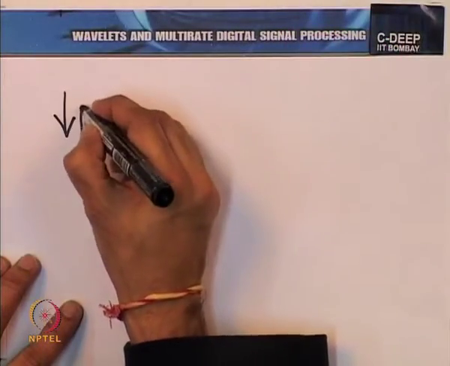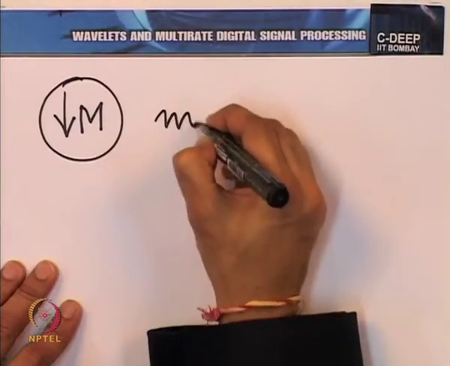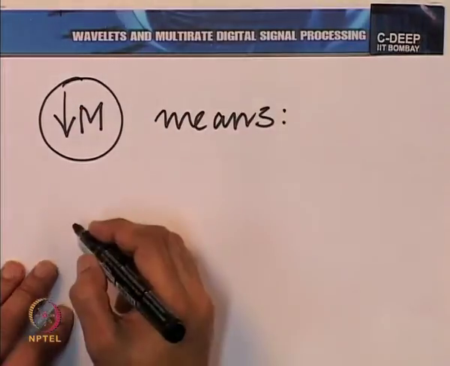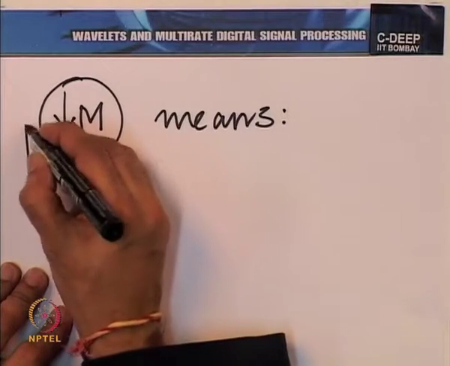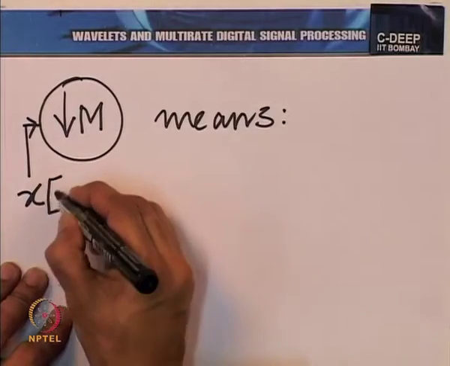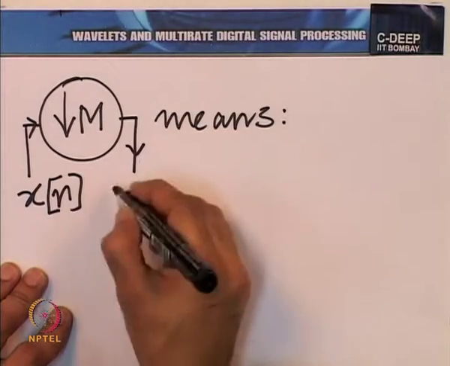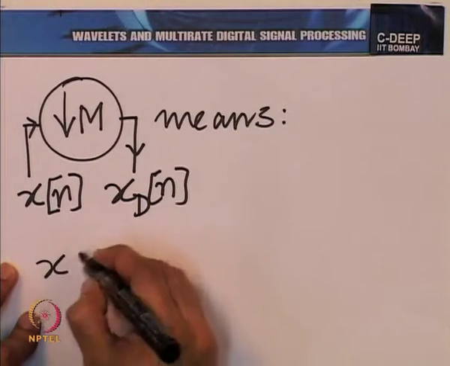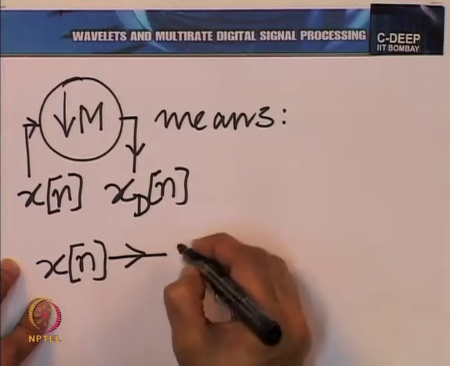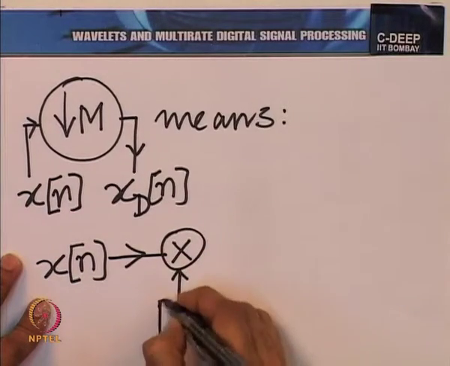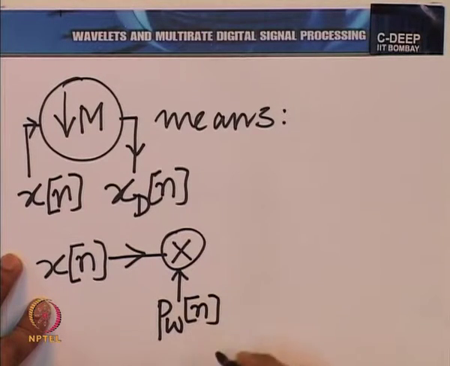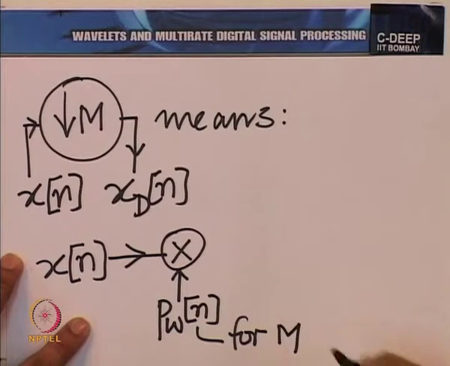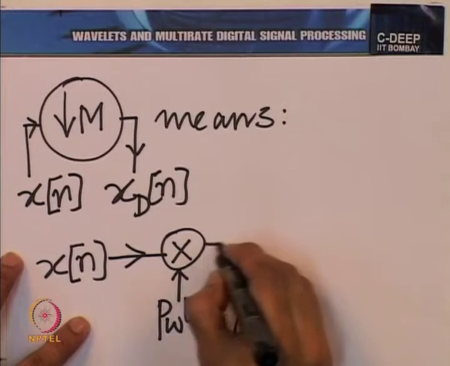So, maybe we should say downsampling by M means, or in other words, let us actually put down sequences here. Let us say x[n] has been downsampled to produce x_d[n], and that means x[n] has first been multiplied by PWN, the PWN for downsampling by M. And then now look here.